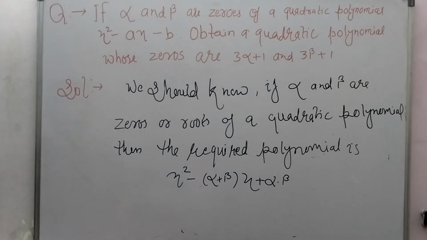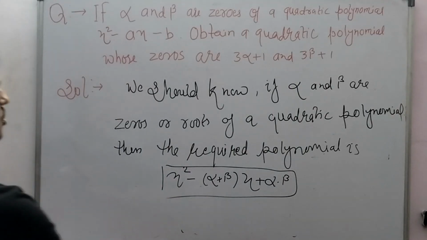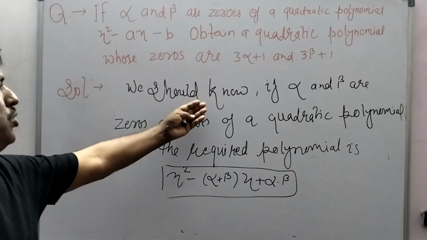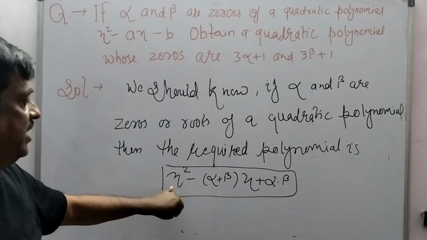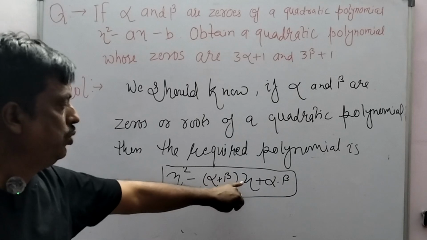That is the quadratic polynomial whose zeros are alpha and beta. The equation should be x squared minus (alpha plus beta) into x plus alpha beta.